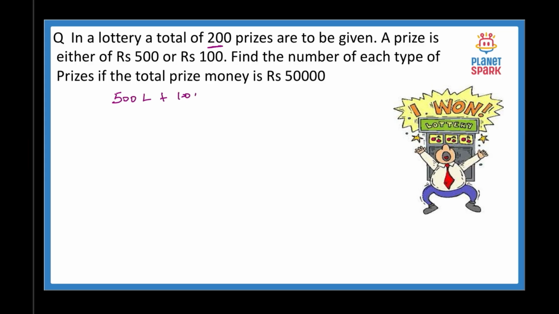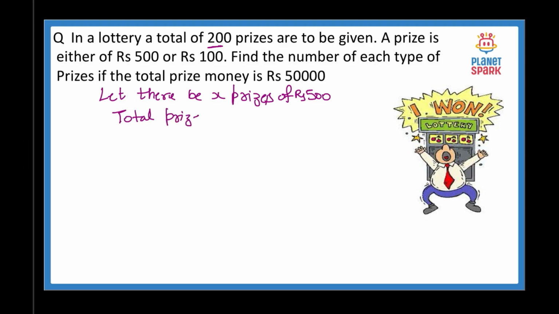So that means the number of prizes of 500 plus the number of prizes of 100 is going to be 200. So let us say that the total number of prizes of 500 is X. Now if the number of prizes of 500 is X, then in that case total number of prizes we are having is 200.